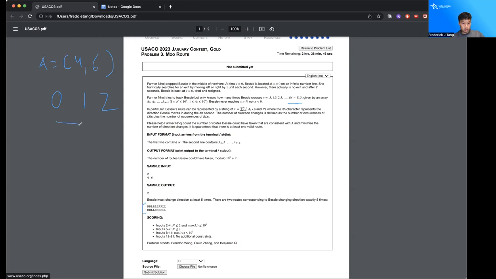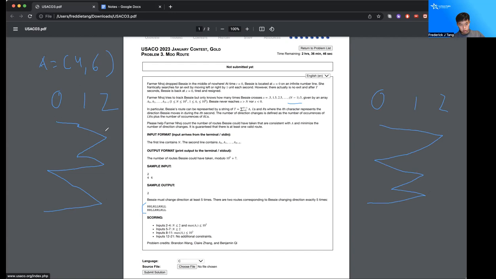R, R, then L, then R, then L, then L, then R, R, then L, L. So that's her path. The second possible path is R, R, L, L, R, R, L, R, L, L. Okay, so these are the 2 possible paths that have only 5 direction changes.